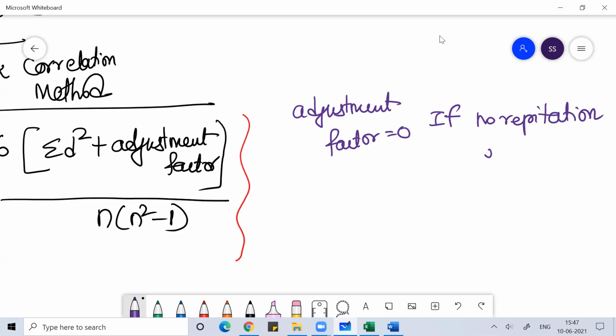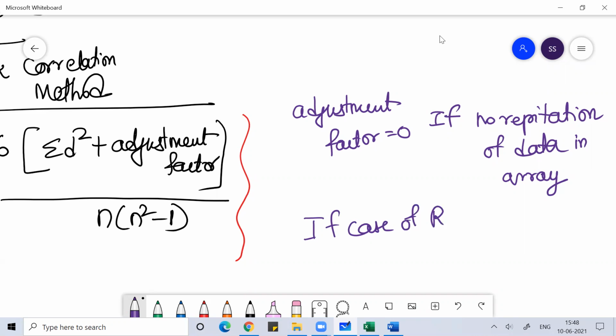If there's no repetition of data in a column, or better, in an array, you are BCA students, so you know the term array very well. So in the array of data, if there's no repetition, then your adjustment factor will be 0. We'll do two kinds of problems: one where there's no repetition, and one where there's repetition.